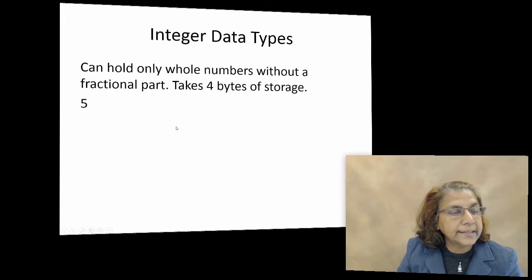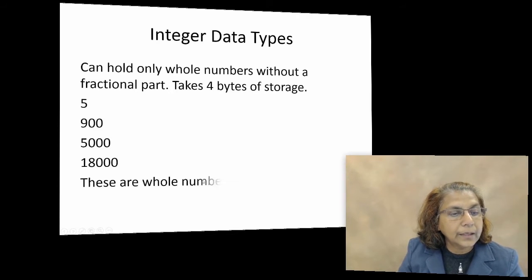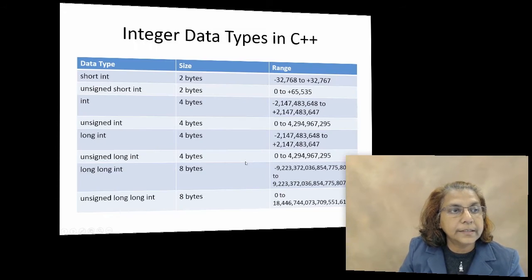These are some examples: 5, 900, 5,000, 18,000. These are all whole numbers. And these are the integer data types in C++. We have a variety of data types, and depending on the application, you will decide which data type to use. For most of our applications, the int data type is enough.